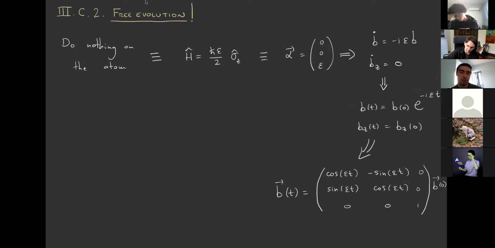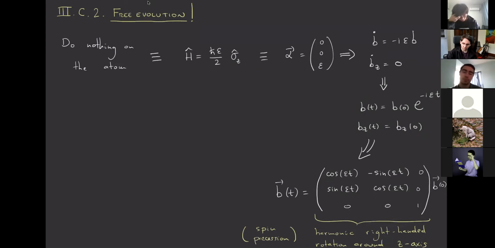And in particular, this is just a harmonic right-handed rotation around the z-axis. And this is sometimes something that you have heard that it's called spin precession.